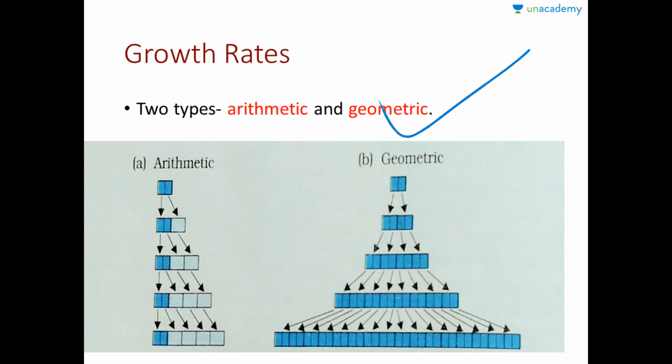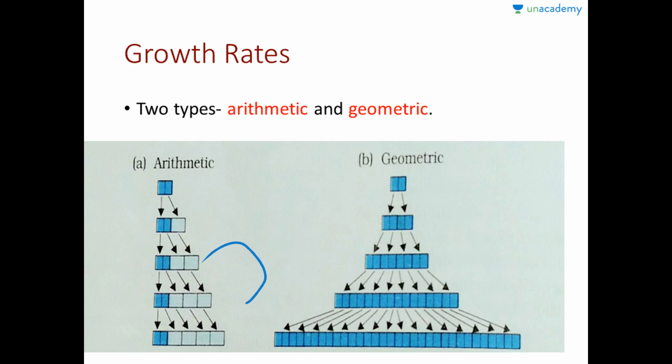Still, you can see in your arithmetic growth, from two cells only one cell is dividing and one is becoming inactive. Again from the two cells, only one cell divided and formed 4 cells, and the rest 2 cells remained. And again out of those 4 cells, only one cell divided and the rest 3 cells remained.